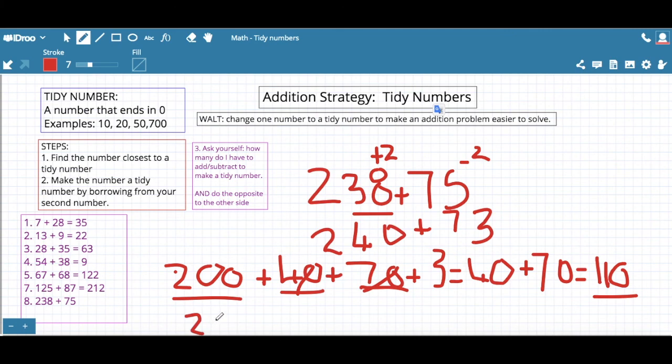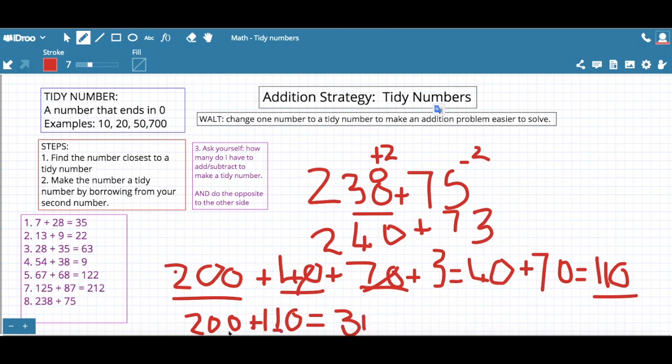So we've got 200 plus 110. Now, to do that, we need to add our hundreds. So 200 plus 100 gives us 300. And then we add our tens, we've only got one lot of 10.